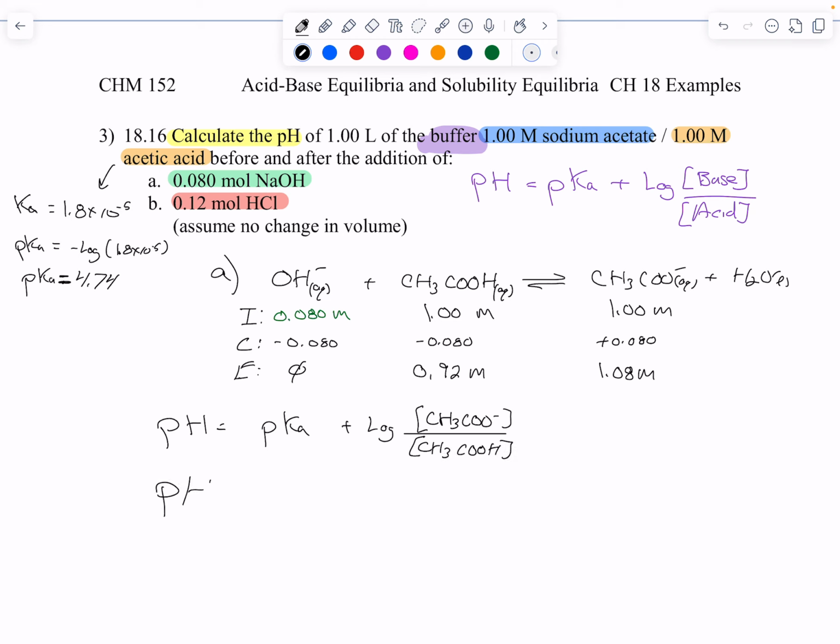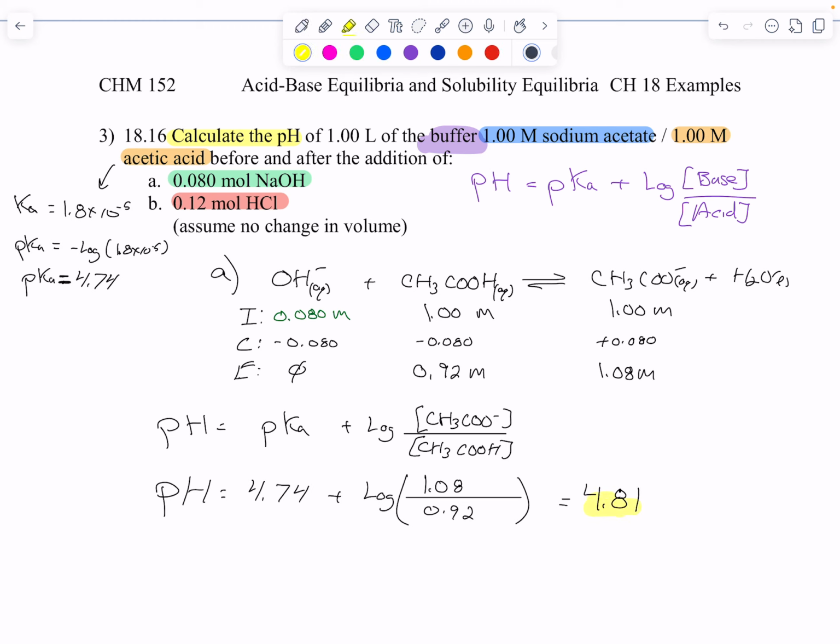So the pH would be 4.74 plus the log, base, 1.08 all over 0.92. And if we do that, I think I get 4.81. And so there is the answer to A.